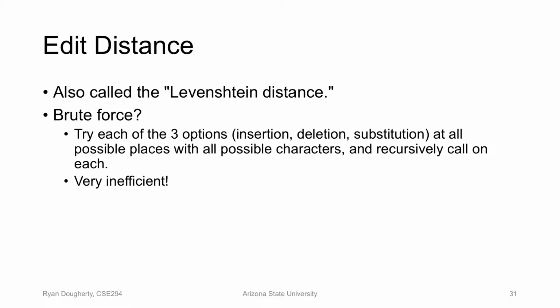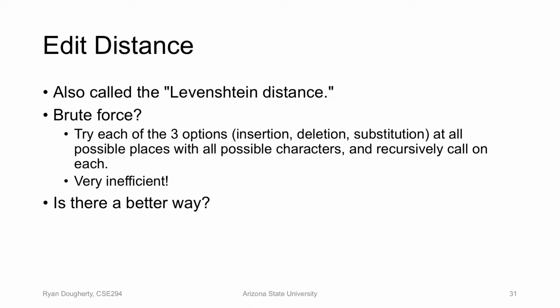So 30 times 26, that's a large number, and for each one I'm going to do a recursive call. So it'll be that huge number to the n. This is horribly inefficient. Like you thought brute force for Fibonacci was slow, this is much worse. So is there a better way?